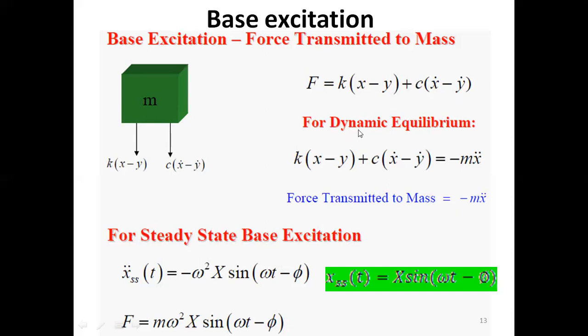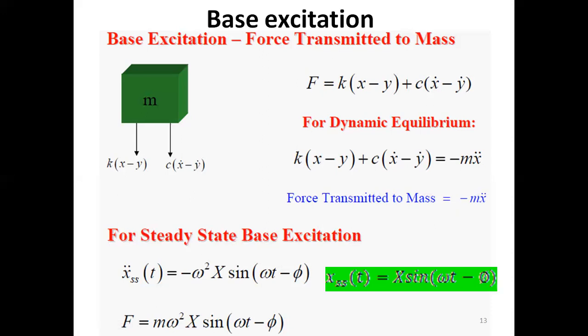And from the dynamic equation, that is the equation of motion of the system, the equation of motion was m x double dot plus k(x minus y) plus c times (x dot minus y dot). Rearranging, we could also write k(x minus y) plus c(x dot minus y dot) must be equal to minus m x double dot, because m x double dot is equal to minus spring force minus damping force.